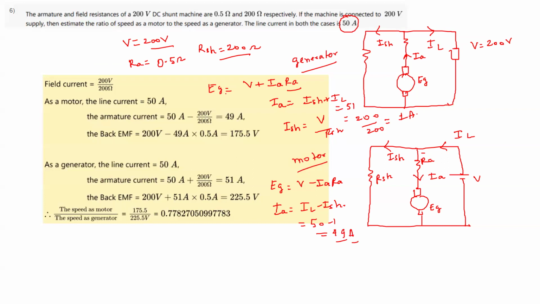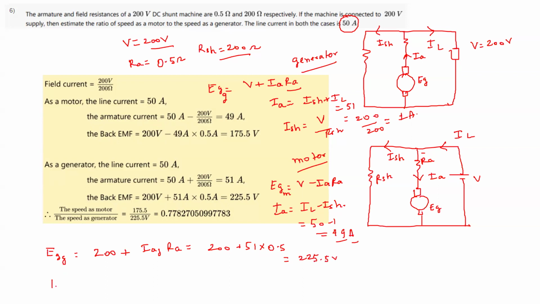So let us write EG generator and EG motor. EG generator is V, the terminal voltage, 200 plus IA generator RA. So this is 200 plus 51 into 0.5, which comes out to be 225.5.